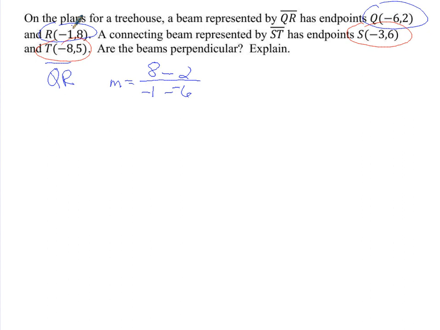I'm calling this one 2 apparently, and the other one 1, so be consistent. Okay, we have 8 minus 2, which is 6, over, what do I do here? So plus, and we get 5. All right, so my slope for segment QR is 6/5.